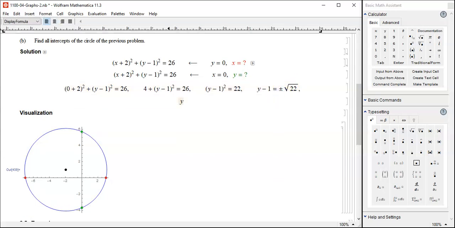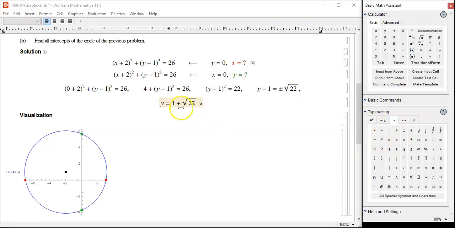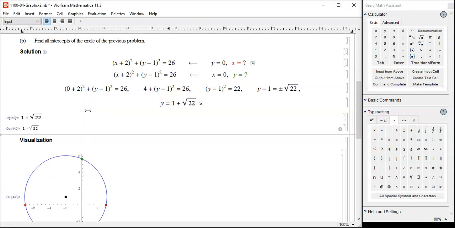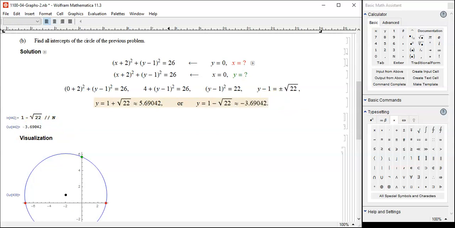So you're going to get y is equal to 1 plus square root of 22, which is approximately equal to, okay, I can punch in the calculator. So yeah, okay, this one, and y equals 1 minus square root of 22, which is approximately equal to, let's see, negative 3.69 something.